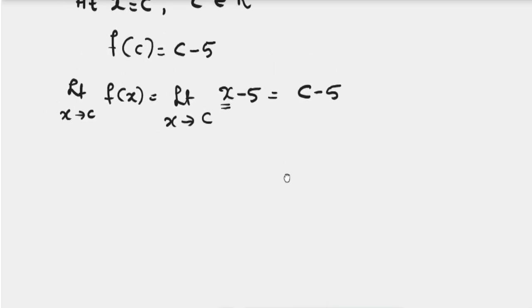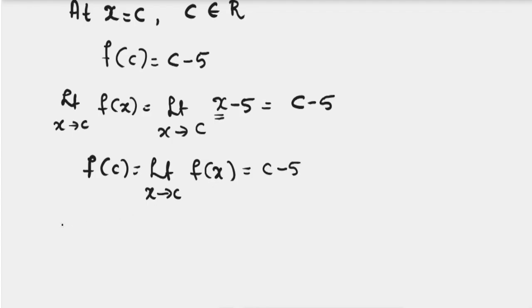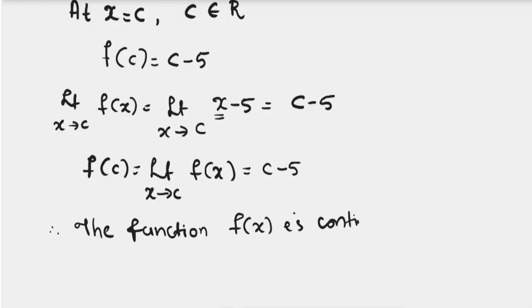So therefore, we got both as same, that is f of c equals limit x tends to c f of x, which is equal to c minus 5. Since they are both equal, we can say that the function f of x is continuous at every real number.